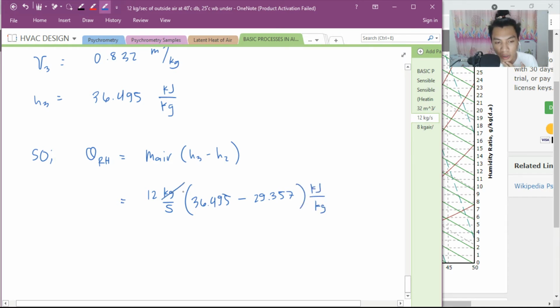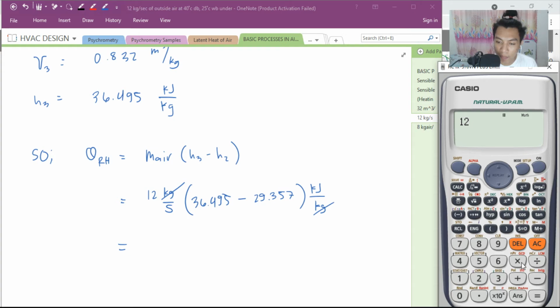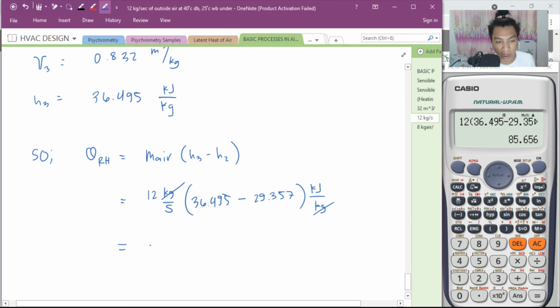Ayan. Cancel tong kilogram, kilogram. Ang natira is kilojoule per second. Kilowatts na yan. So, 12 times 36.495 minus 29.357. The answer will be 85.656. Yan yung reheating niya. 85.656 kilowatts.